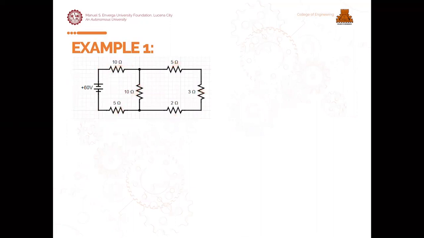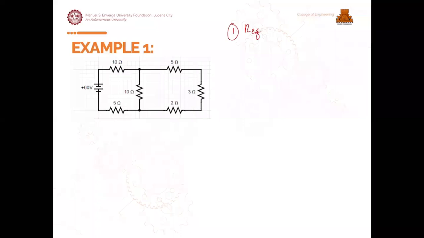Okay? So in solving combined series parallel, all you need to do first is to identify or kunin natin yung equivalent resistance, total resistance dun sa circuit natin. So magagawa natin yon by converting yung mismong circuit natin into a simpler circuit.